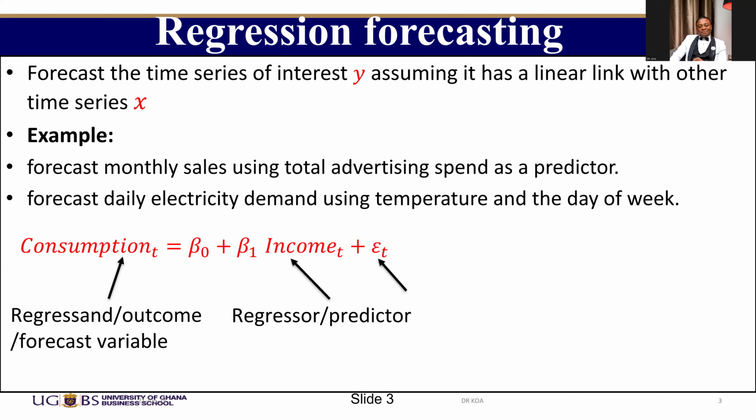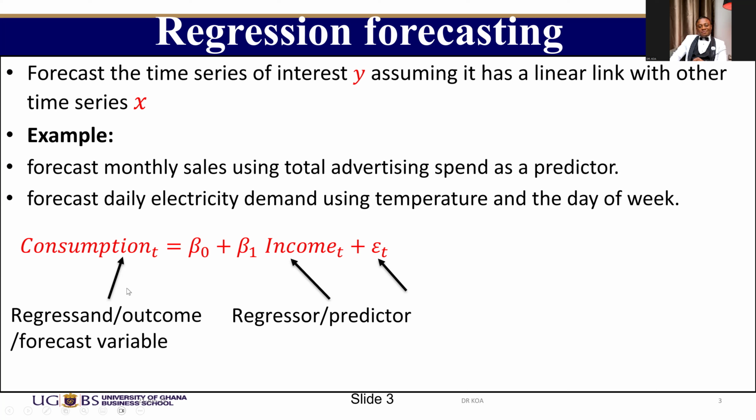What does it do? The error term takes care of calculation errors, computing mistakes here and there. The error term takes care of all other factors aside from income that could affect consumption, but you never included them.